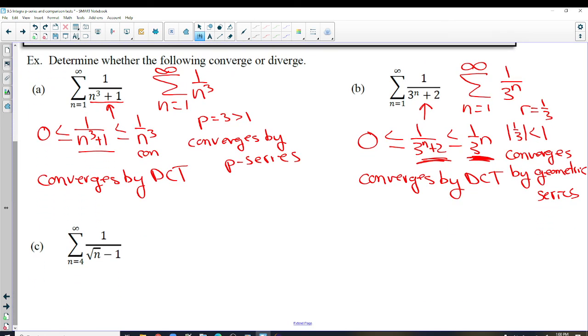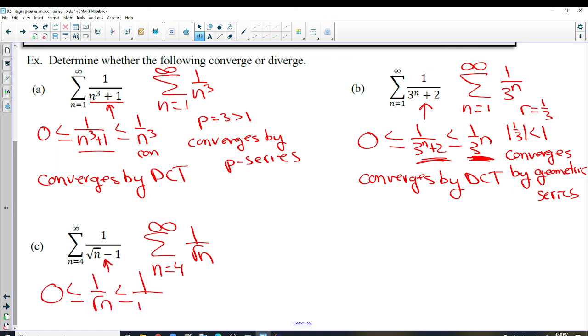This one is subtracting 1 from the denominator, so let's compare it to 1 over square root of n. So this is actually the smaller denominator, which makes it the bigger value. So 0 is less than or equal to 1 over square root of n, which is less than or equal to 1 over square root of n minus 1. Now we've got to show that that diverges. If that diverges and the other one is decreasing slower, then it definitely diverges.